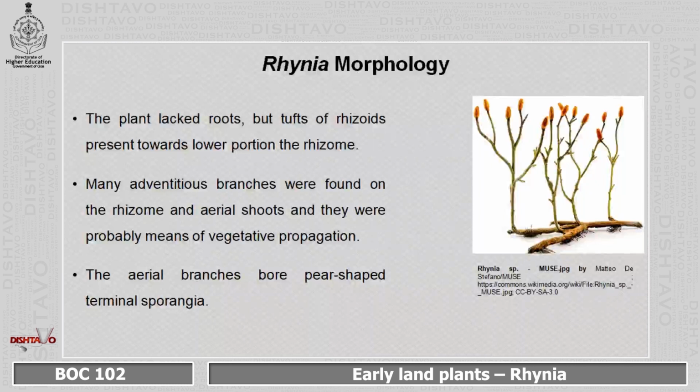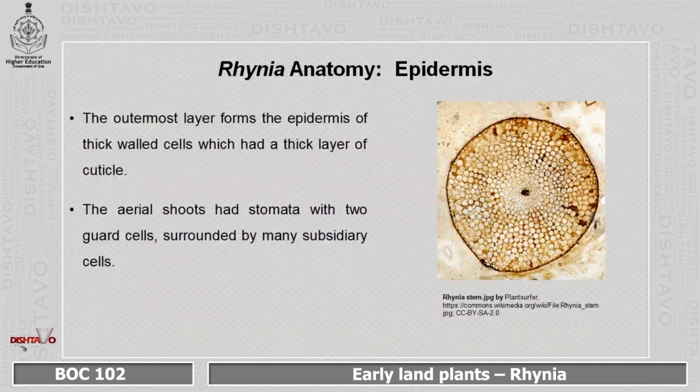The anatomical studies of Rhynia are also known. Rhynia anatomy shows the presence of 3 major parts: the epidermis, the cortex and the central vascular tissue. The epidermis is thick-walled with a thick cuticle. Also, it showed the presence of stomatal cells.